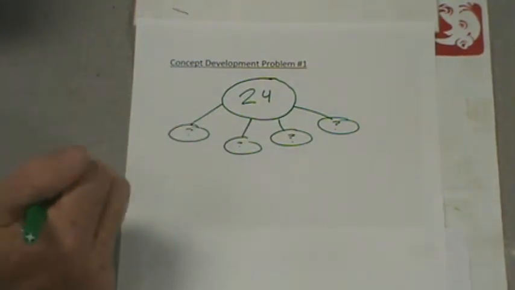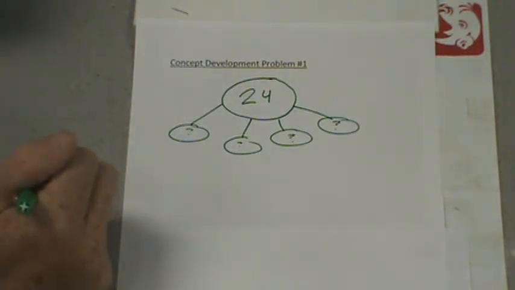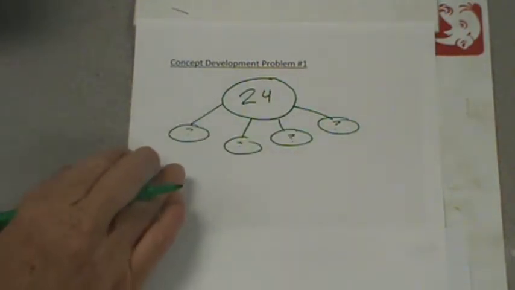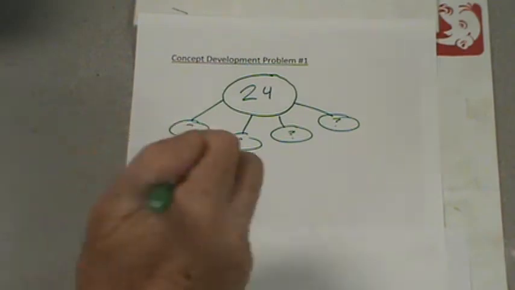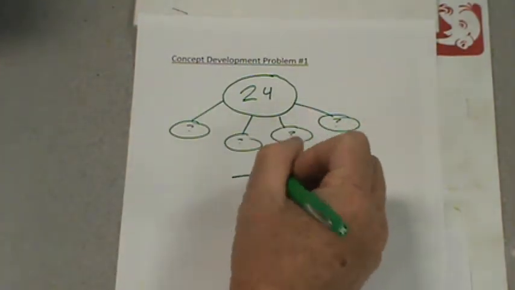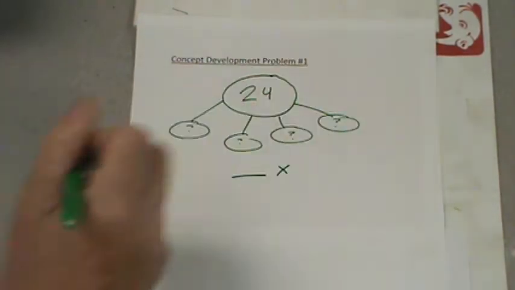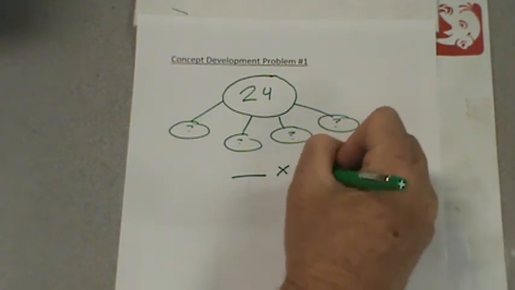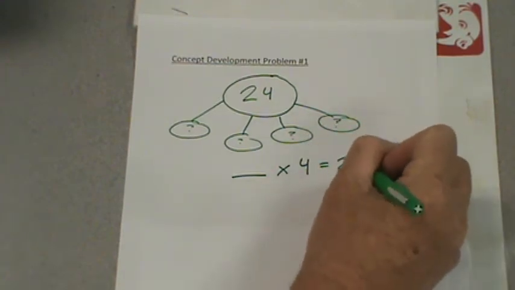So let's take a look at a multiplication sentence to show the relationship. And we're going to write blank times, you're writing this down with me, blank times 4 equals 24.